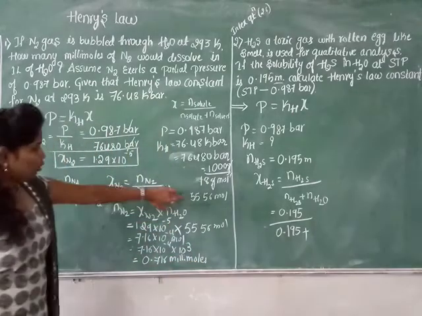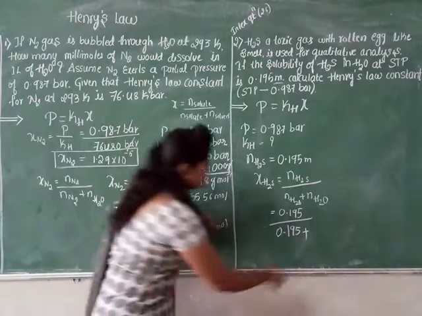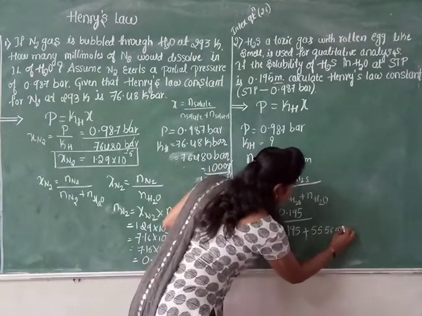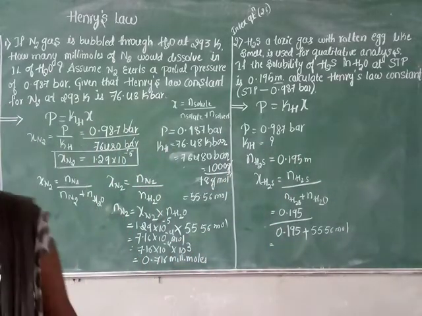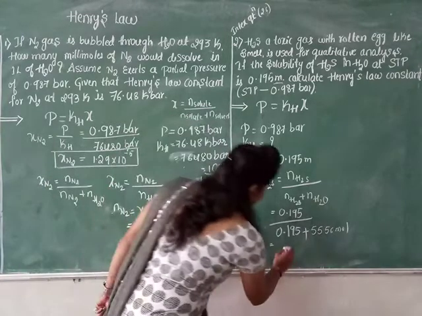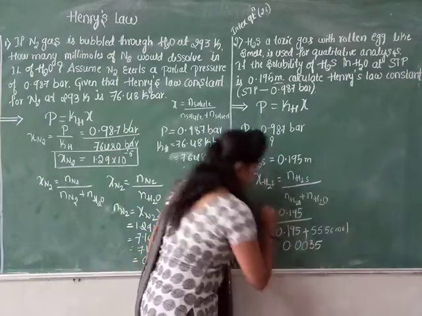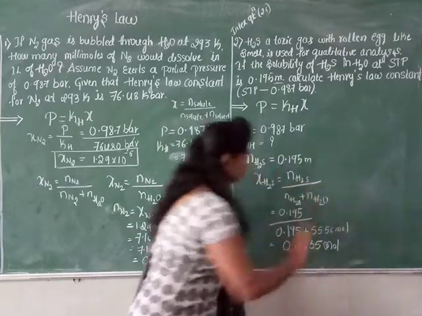Already I have calculated the number of moles of water, that is 55.56 moles. If you calculate this, you will get the value 0.0035.